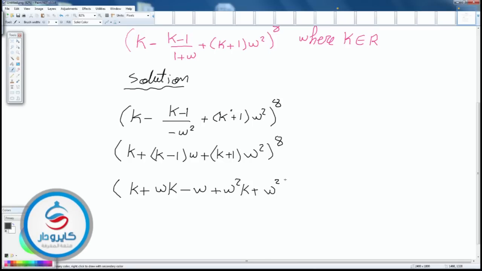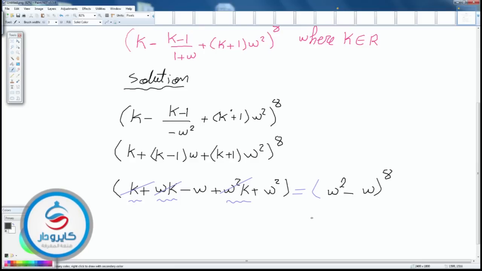So, as we know that k plus omega k plus omega square k equals 0, so which is left now? The left is omega square minus omega all power of 8.